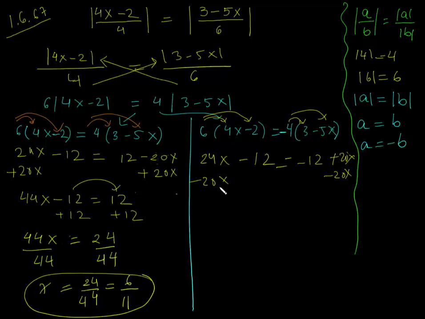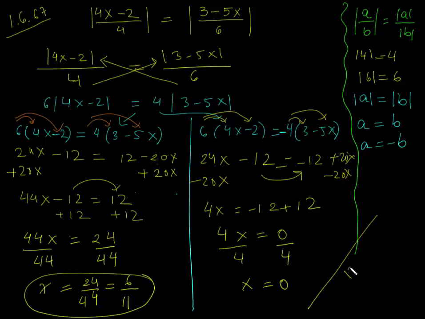So we get 4x equals minus 12 plus 12 if we move this 12 to the other side in the same step. So we get 4x equals 0. That obviously means x equals 0. So the two solutions for this question are 6 over 11 and 0.